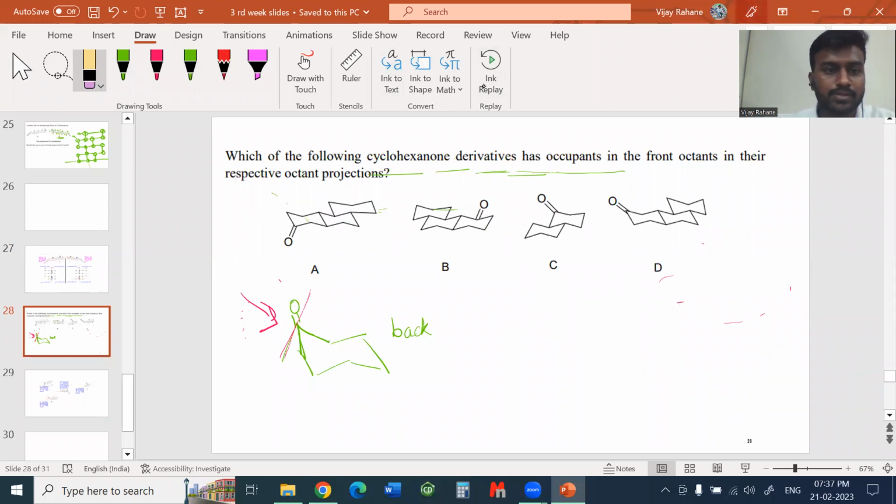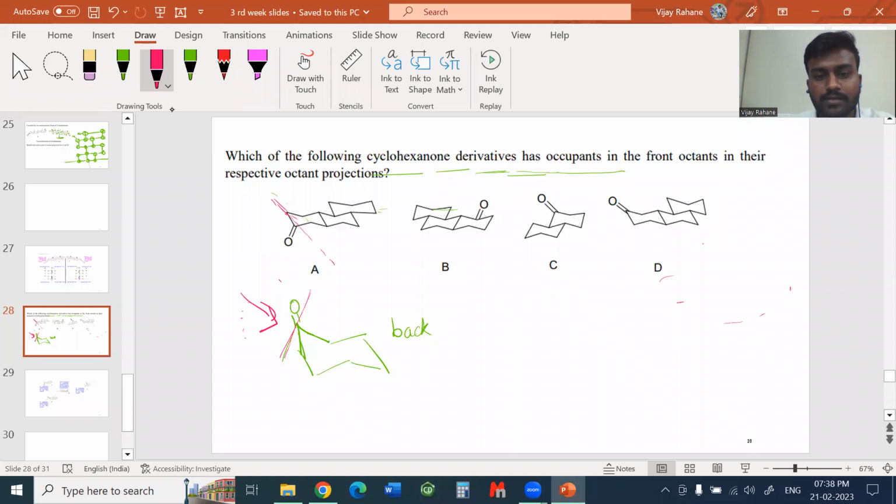Right. So in the first example, the plane passes through like this. So there is no atom on the front side. It is not an example of front octant; there is no occupant in the front octant in this example.